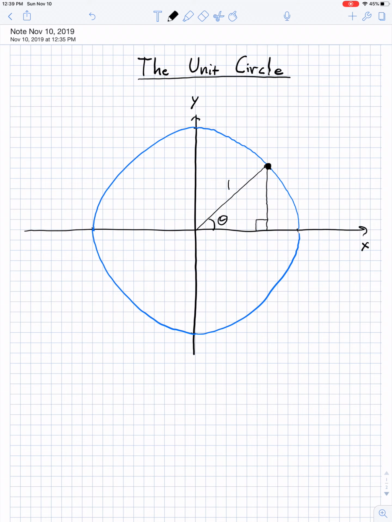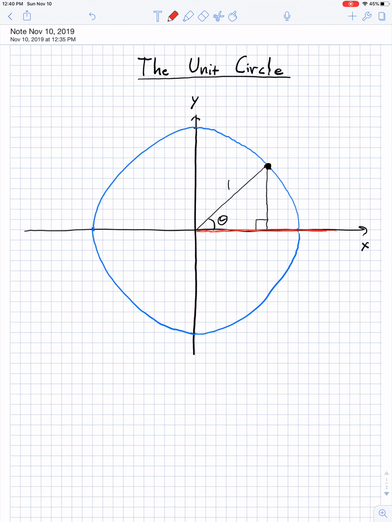It has a 90-degree angle. All angles on the unit circle will be measured from the x-axis. So a line that goes straight down the positive x-axis, that is what we're calling 0 angle. And then the angle is measured as it goes up from there.